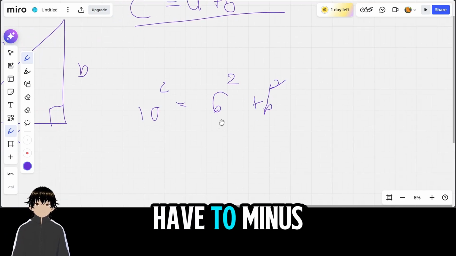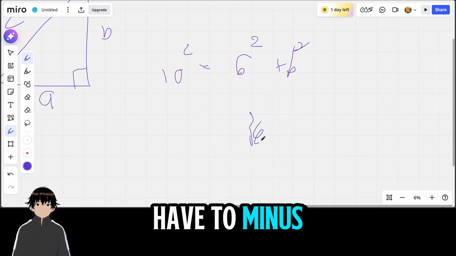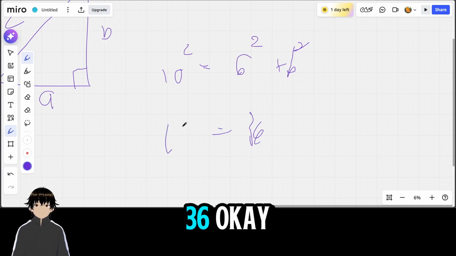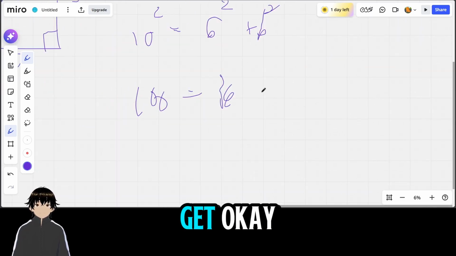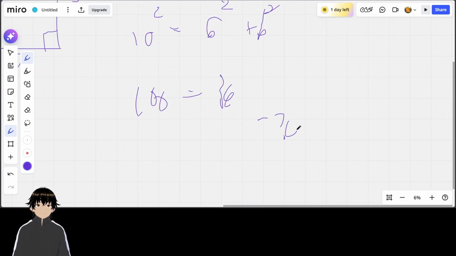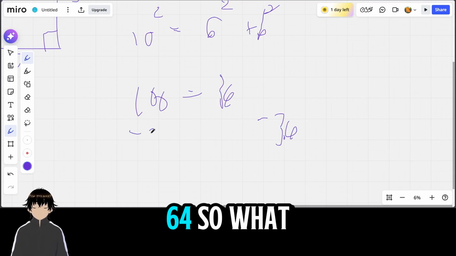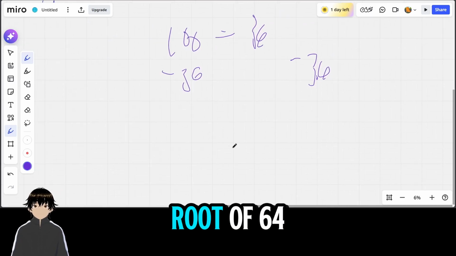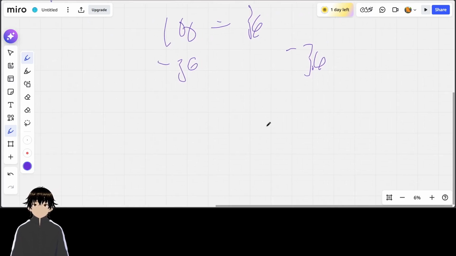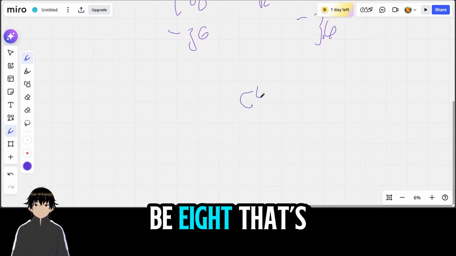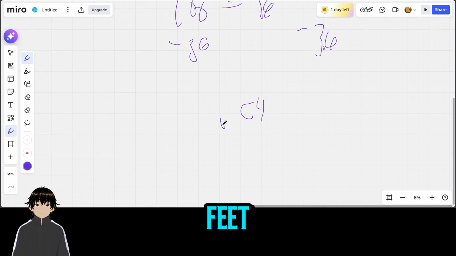Now you just have to subtract 36 from both sides. So now you get 64. What is the square root of 64? It's going to be 8. That's going to be 8 feet.